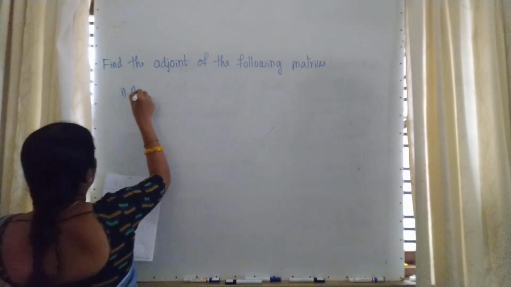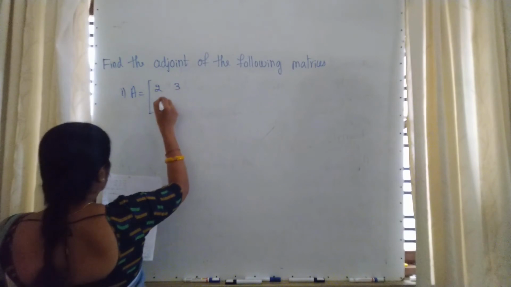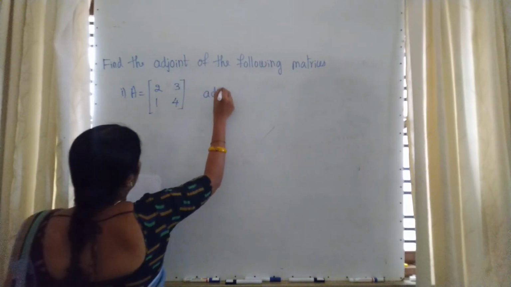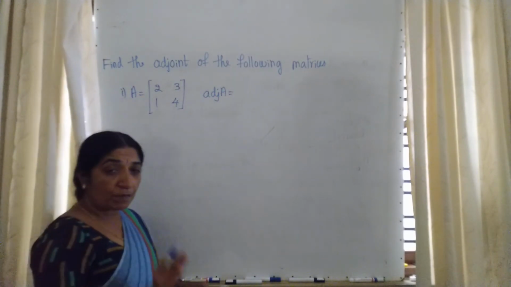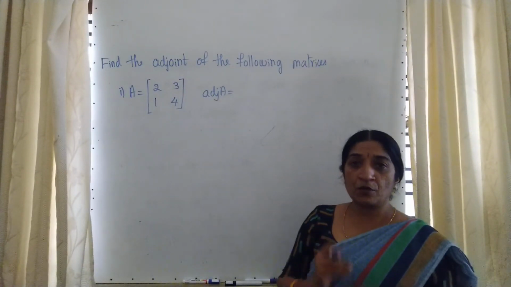First one. And students, for a matrix of order 2 by 2, I will give you a simple note. Please note it down. I am giving you a very simple note.